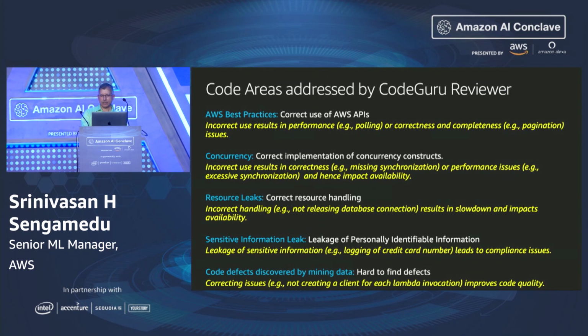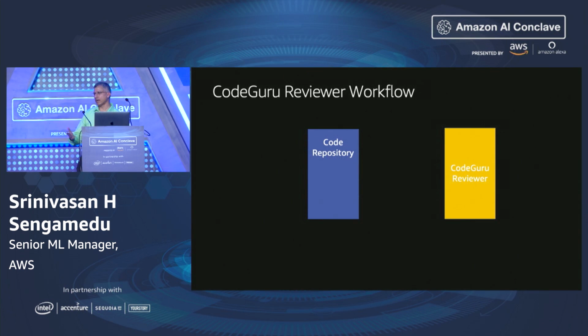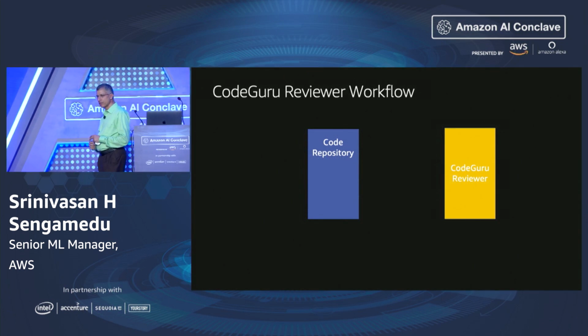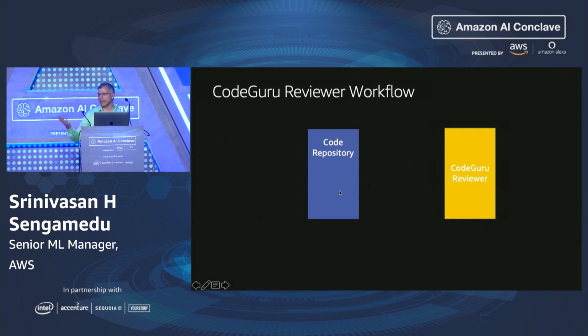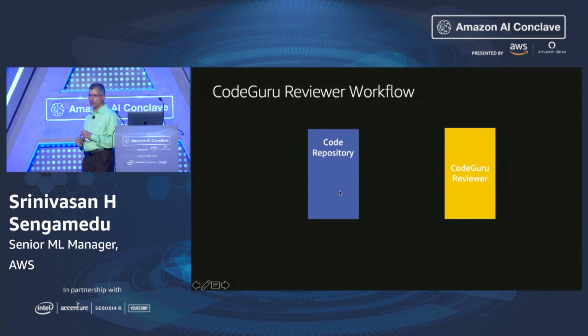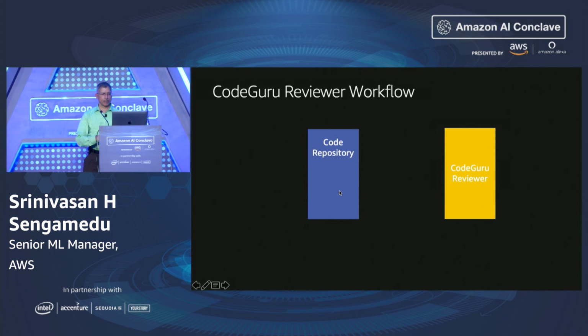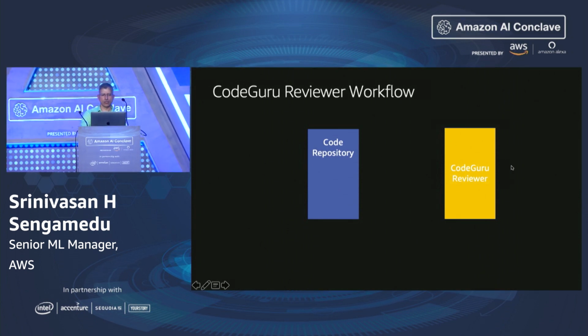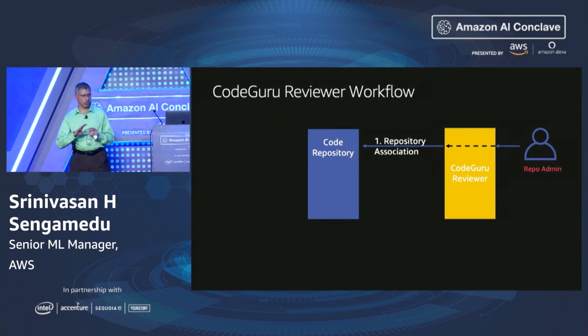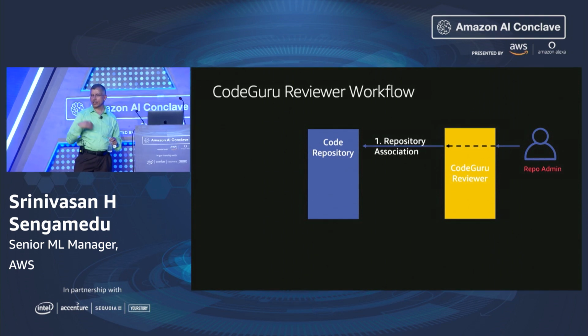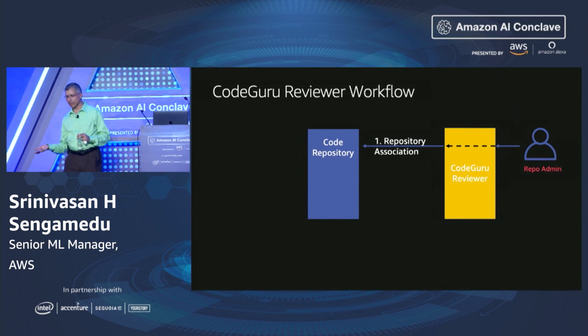And now let's see how you can actually onboard to CodeGuru Reviewer. You have a code repository. It can be either GitHub or AWS CodeCommit. The first step is to associate your repository with CodeGuru Reviewer. This is a one-time operation, done by the repo admin. Once that is done, CodeGuru Reviewer is part of your pull request workflows.